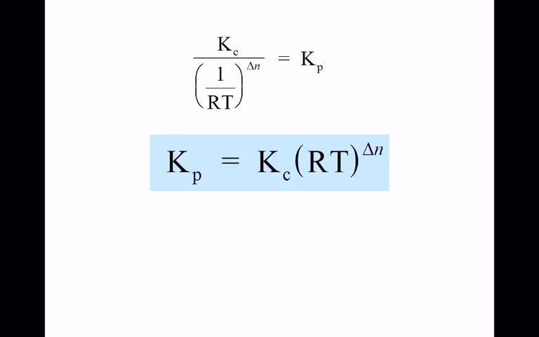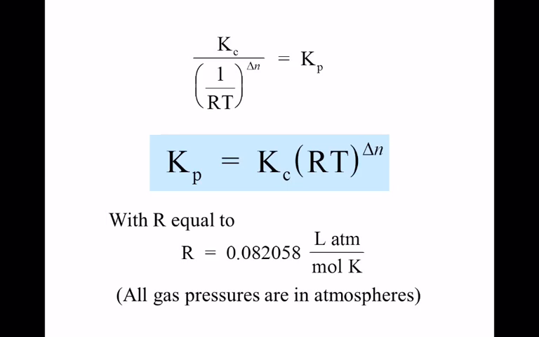So if your delta n is 0, then basically your Kc is equal to your Kp, which is a wonderful thing. And again, the R value that we're using is from the ideal gas law.